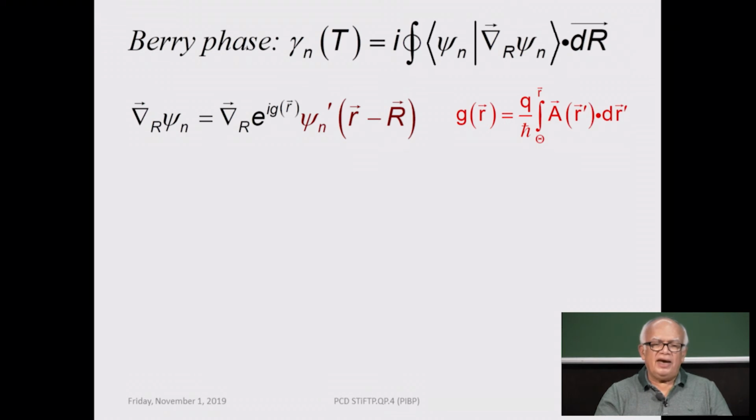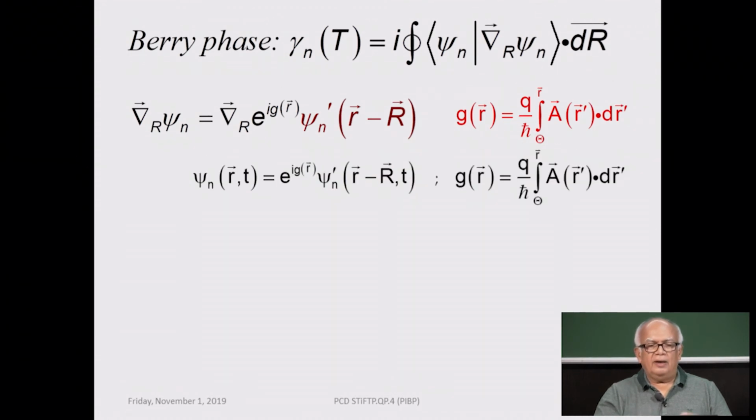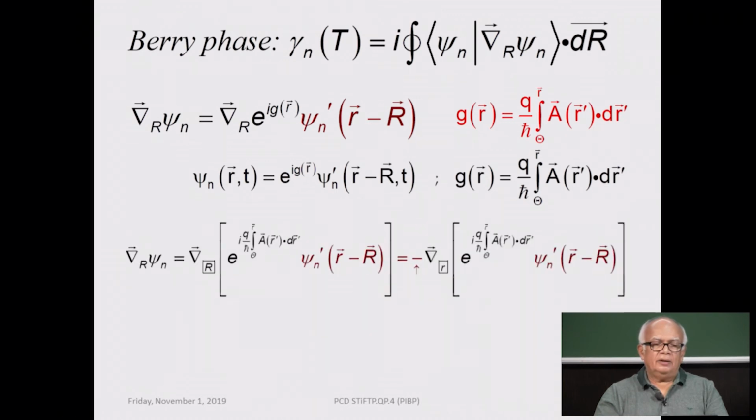So, the gradient of psi itself is the product of e to the ig times psi prime, right. So, take the gradient, and the gradient with respect to the uppercase R on the left hand side, and then on the right hand side I take the gradient with the lowercase r vector.